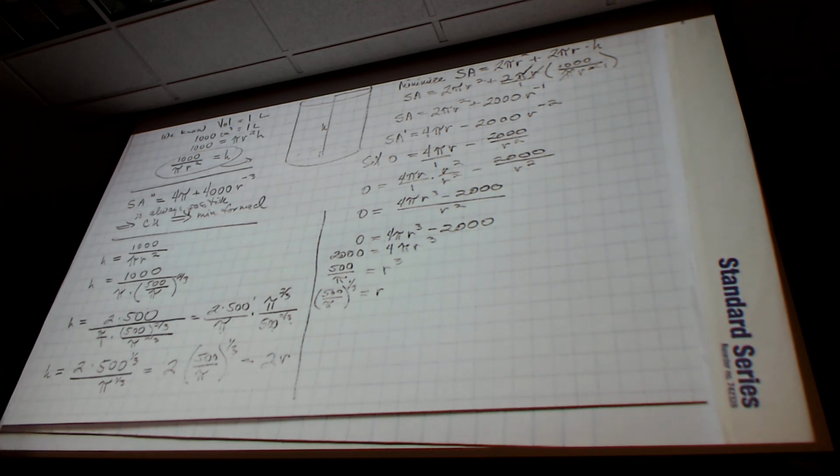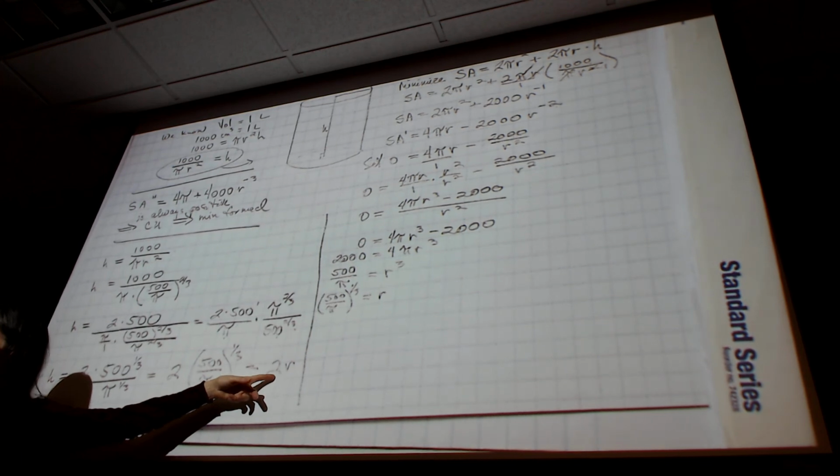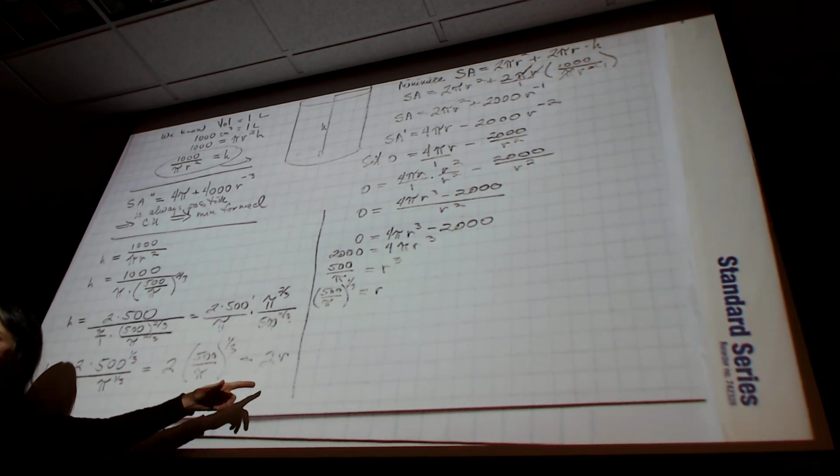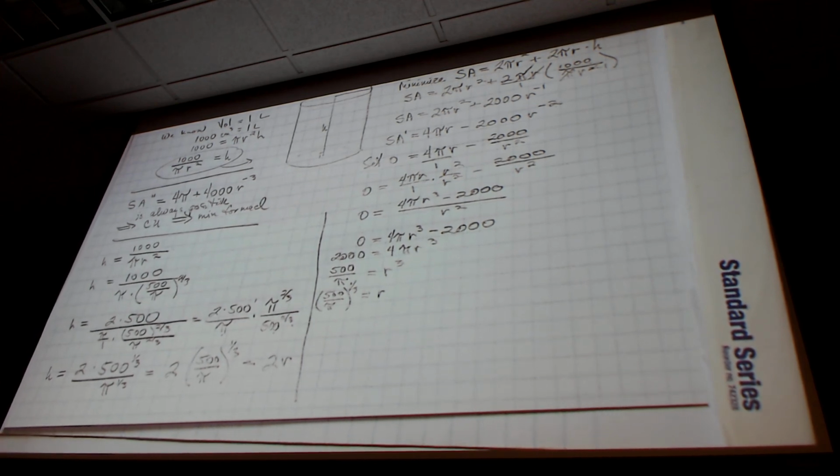We're out of the problem of thinking about just enclosing a liter. For any volume you name, if you want to minimize the surface area of the can, you make the height twice the radius. Period. This is powerful. Isn't that neat?